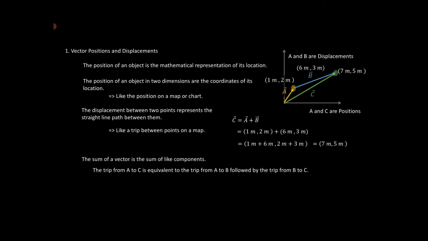And I should have used different letters. So what we just saw here is two very similar ideas. One is a position and one is a displacement. A displacement is a trip on a map. It's all on a map because we've added coordinates. So the displacement represents a trip on a map, just as the position represents the location of a place or a thing on a map.